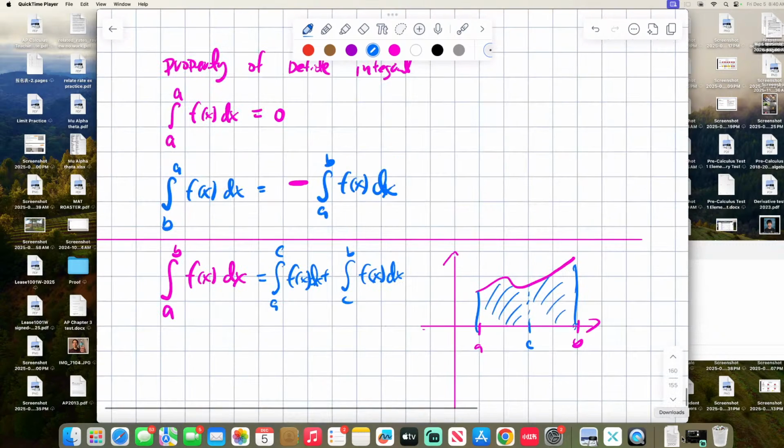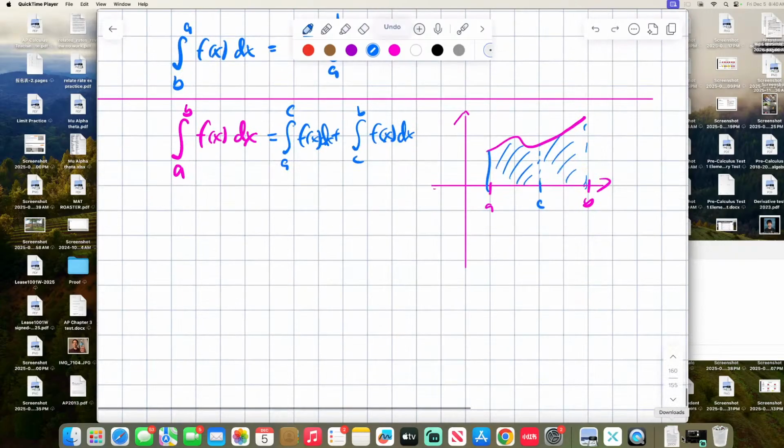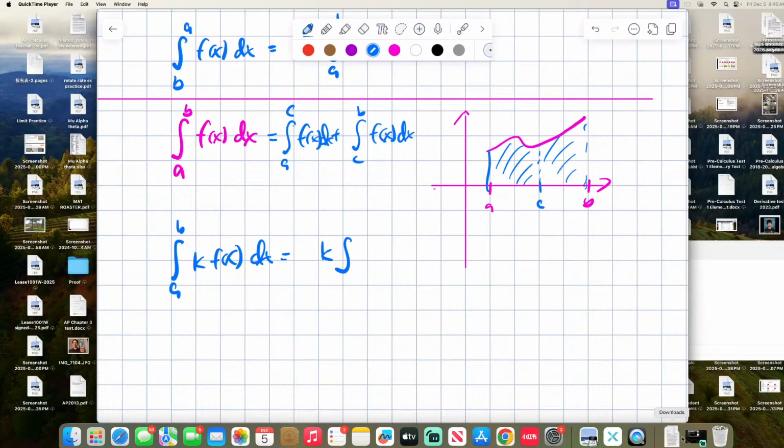So this is the third property. The fourth property is just like any constant multiple rule: the integral from a to b of k f of x dx is equal to k times the integral of f of x dx. This works with the indefinite integral anyway.